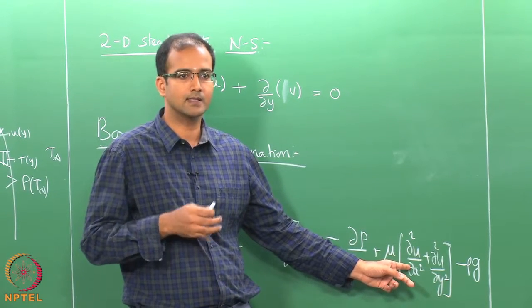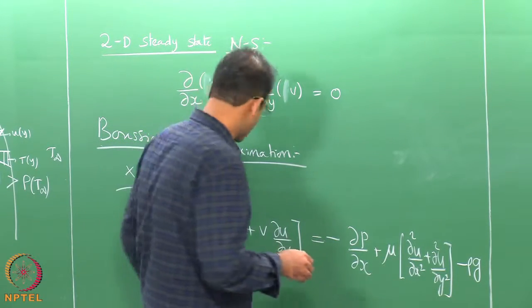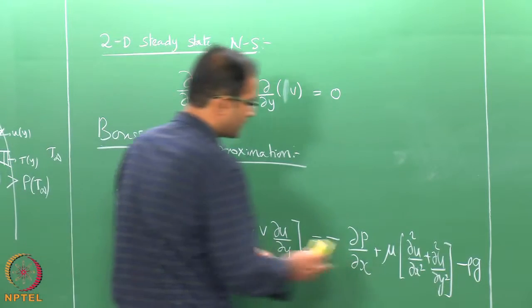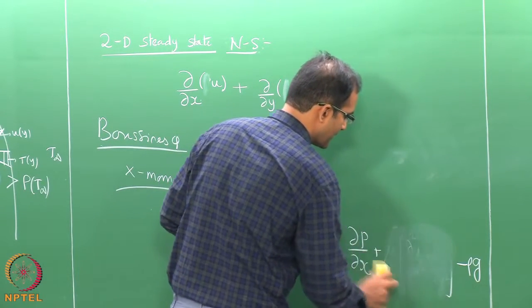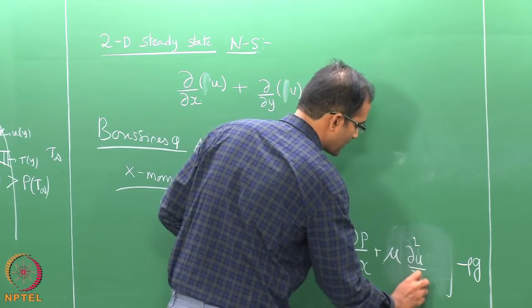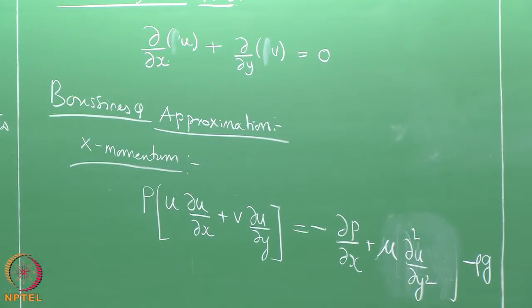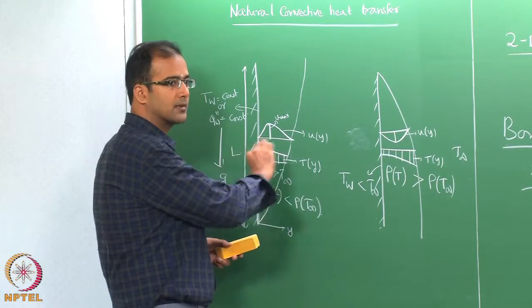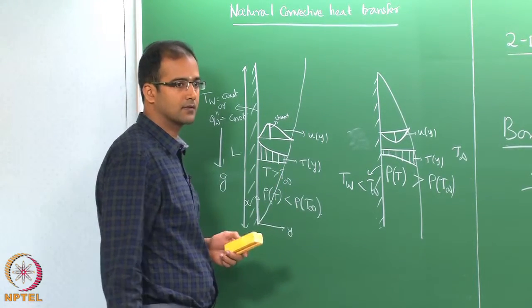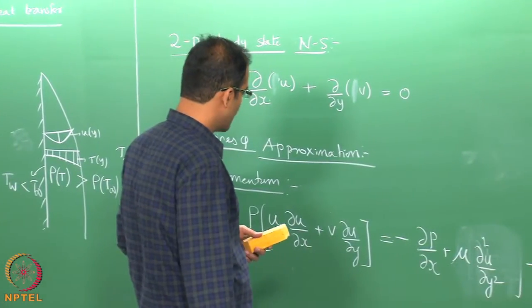This is the same conclusion that we got from external forced convection, and therefore, for simplicity, we will only write the diffusion across the boundary layer. This is the most dominant direction of the viscous diffusion, right. So, therefore, we have the x momentum.